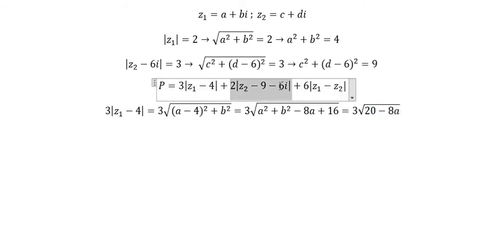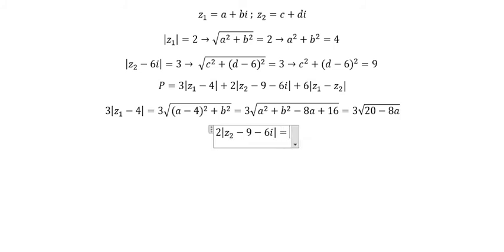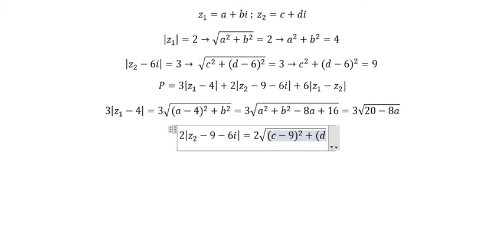Next, we have this one. Z2, that's this one. So you got c minus 9 square plus d minus 6 square.